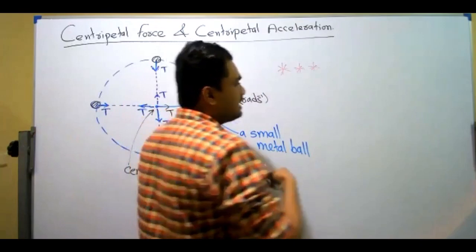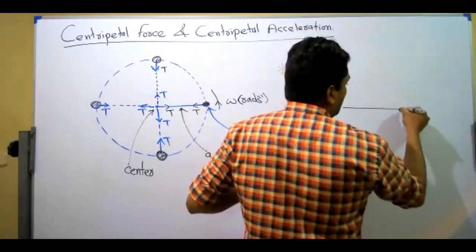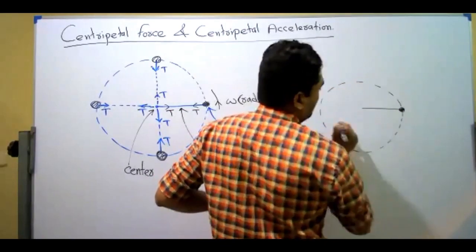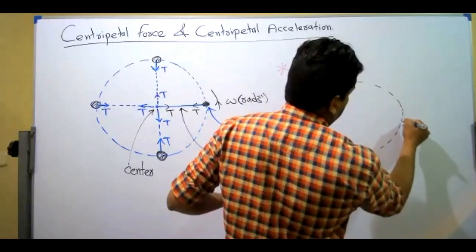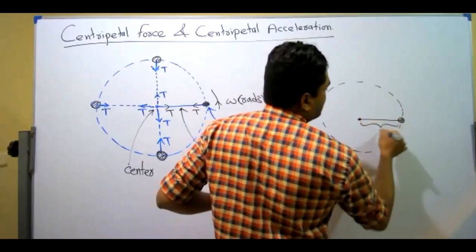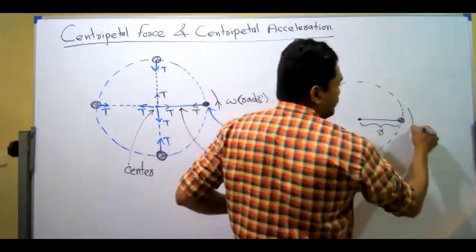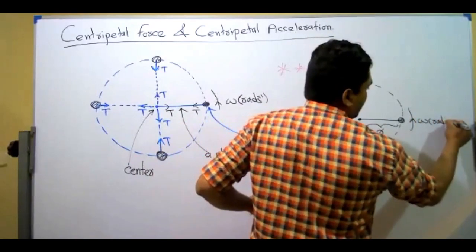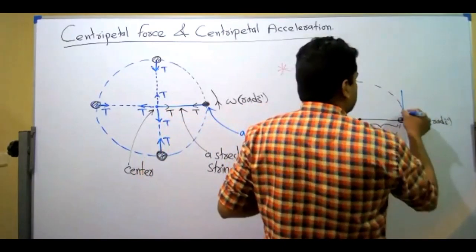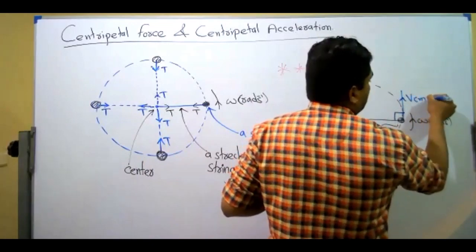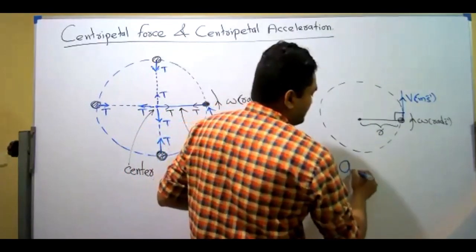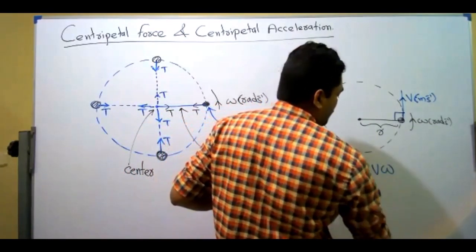Look at the board. If there's a particle moving along a circular path of radius r with an angular velocity of omega radian per second, and if its tangential velocity is v meter per second, the centripetal acceleration is given by the equation a_c equals v omega.